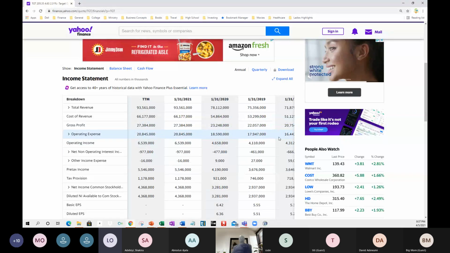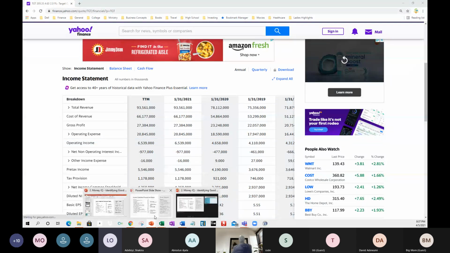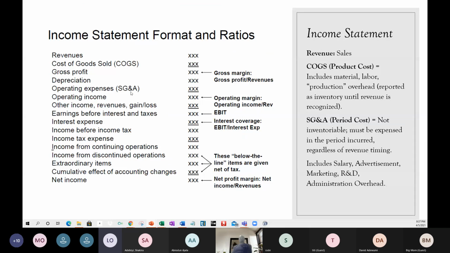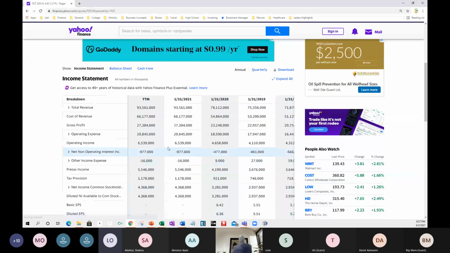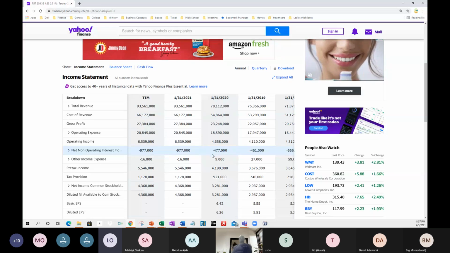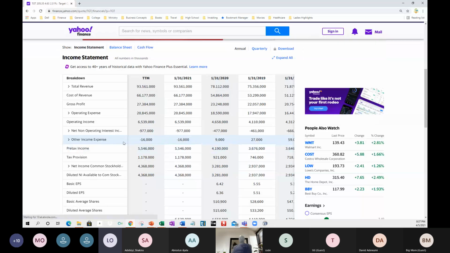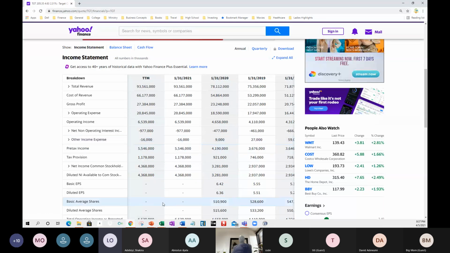Then you take out operating expense like I explained earlier, and that gives you operating income, right? Remember from the PowerPoint, you took out operating expense, your SG&A, and that gives you your operating income. Then from the operating income, you take out all other expenses. If it's income, it will be positive, and if it's expense, it will be negative.